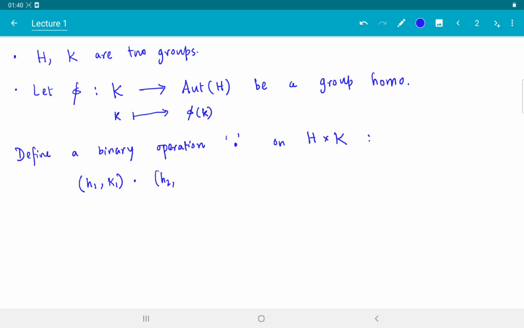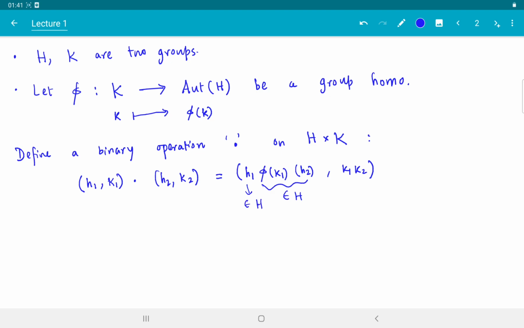Take two elements from H cross K. We define it as (h1, phi_k1(h2)), comma k1 k2. Here phi_k1 is an element of Aut(H), so it is an automorphism of H, and it acts on h2, so the result is an element of H.